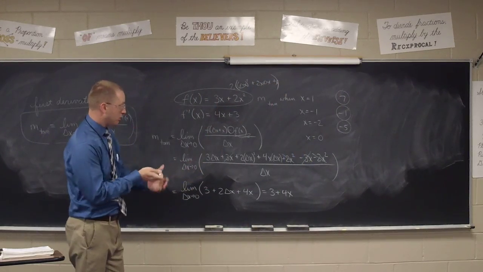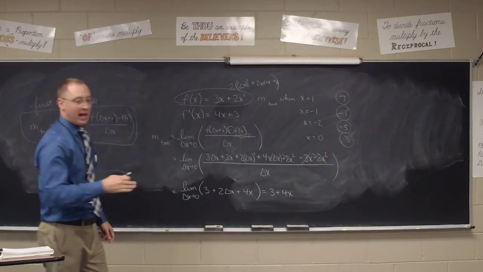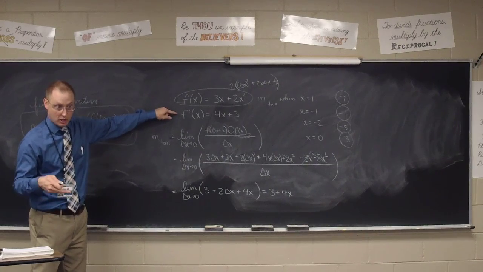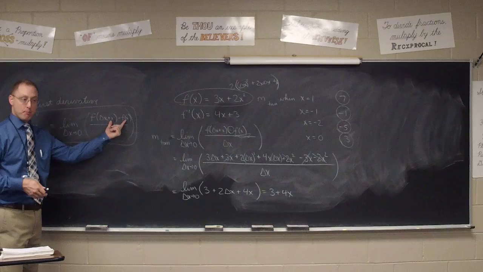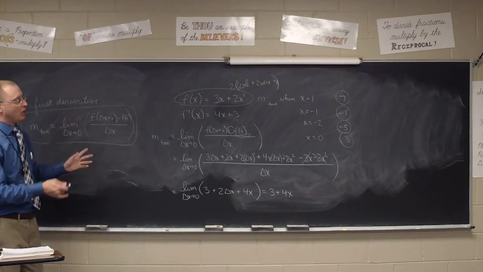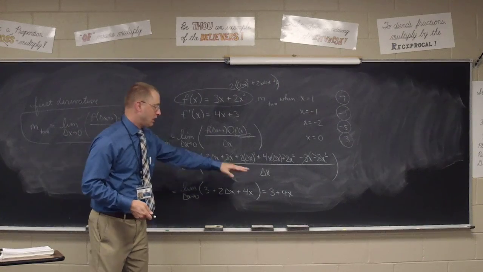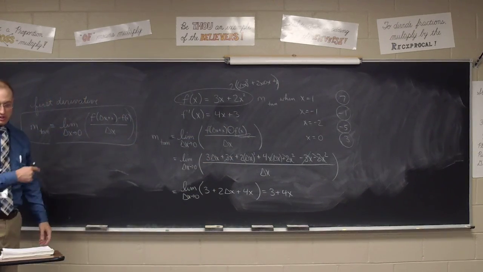What's the slope? 3. You just fly through them once you get the actual equation of the first derivative. And the key again is instead of plugging in numbers, just leave x's. Work the process through until you can evaluate the limit, and whatever you're left with is the equation of the first derivative. Questions on that?